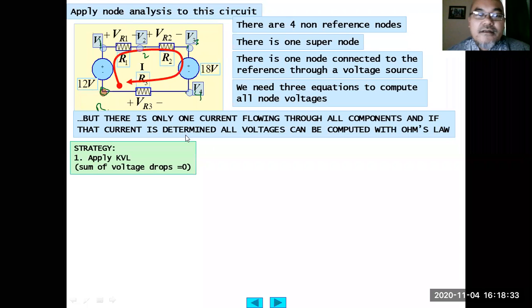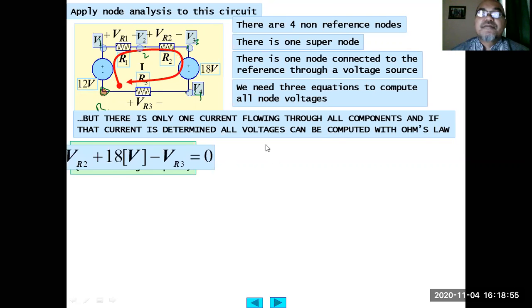So let's then apply Kirchhoff voltage law, which states that the sum of the voltage drop across a single loop should be 0, or the sum of the voltage increase should be 0, or in different words, in the third expression, the sum of the voltage drop should equal the sum of the voltage increase.